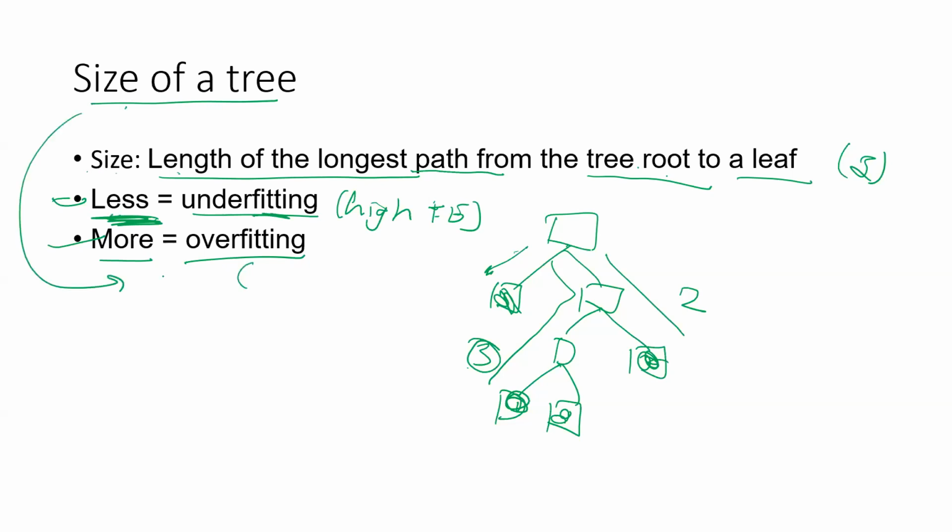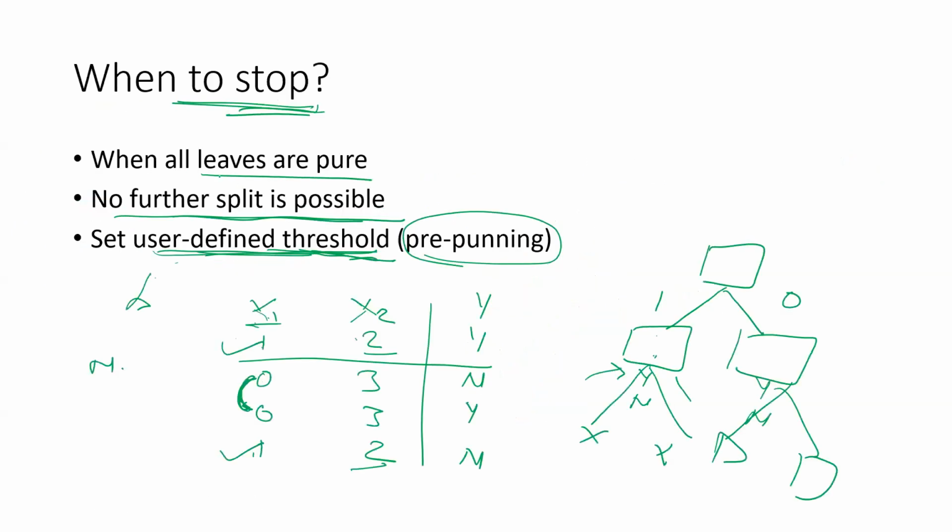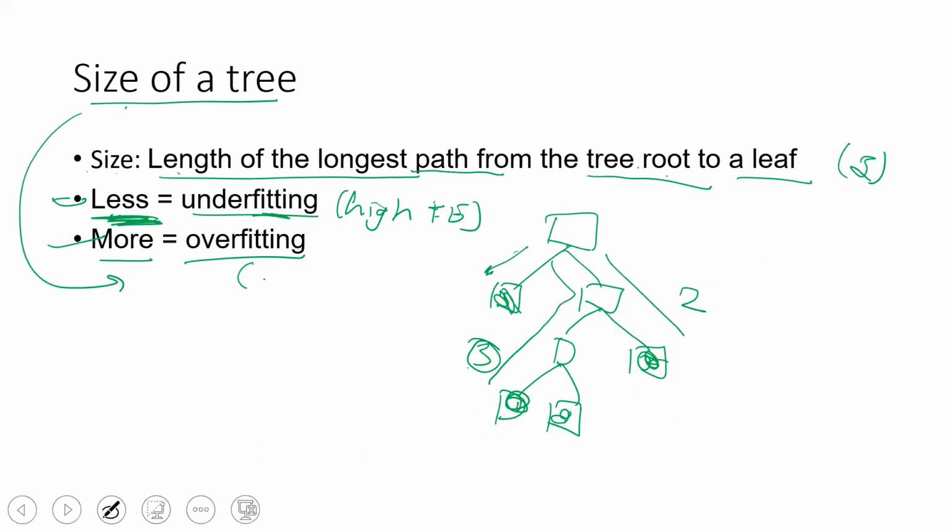Because in that case, you split further and further, and remember, the tree stops when all the leaves become pure. Pure means zero training error, right? So if all the leaves are pure, it is going to give you low training error. So it causes overfitting.